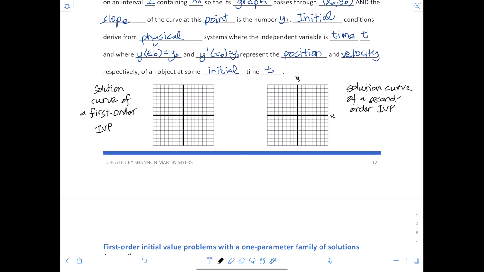And we'll do it in terms of x and y. And let's just say it goes through some interval. Doesn't really matter, it's just generic. So this here on each of them would be the interval I, which of course contains x0.